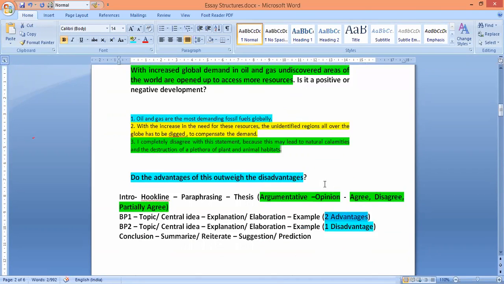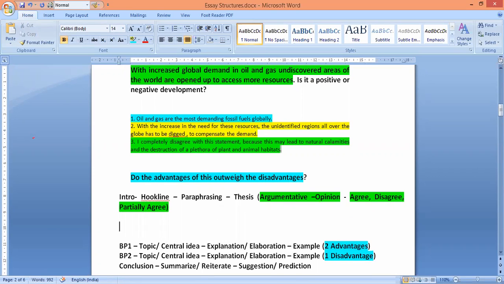Is that clear? Yes. I would add one more thing. What do you write in a thesis statement for advantages outweigh disadvantages? I can write: merits of this outweigh the demerits.